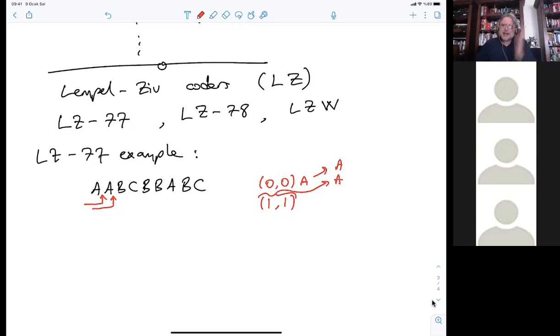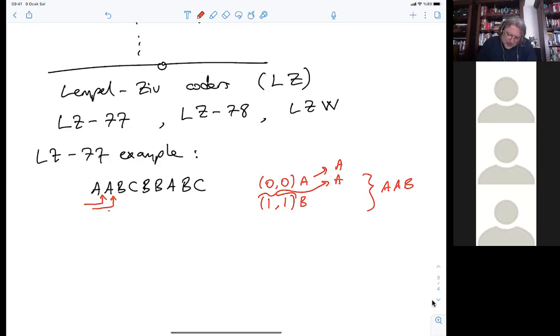Now the one that comes after that is the new symbol, B. If the decoder receives these, it will decode A, go back and copy A again, and the new symbol is B. So AAB is already encoded and decoded.